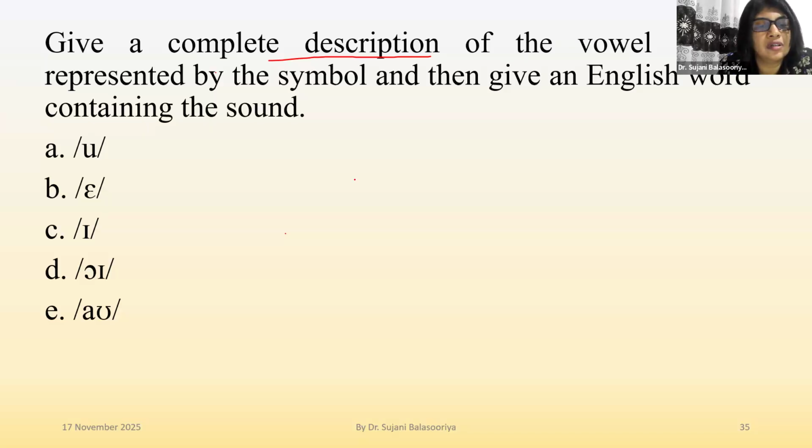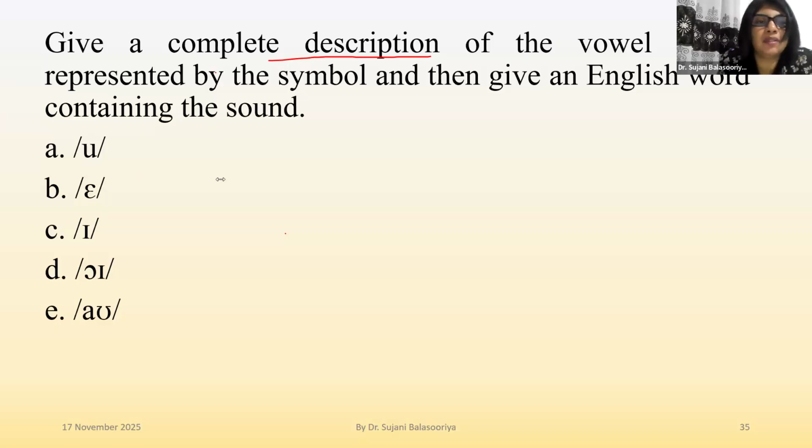Okay, Madhushan, and I don't have to explain the words, right? You need to write down some types or some features of these given vowels. And write one English word that contains that sound. Actually, that's a simple word, right?